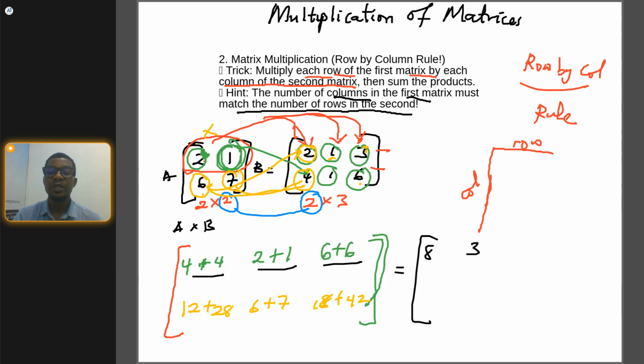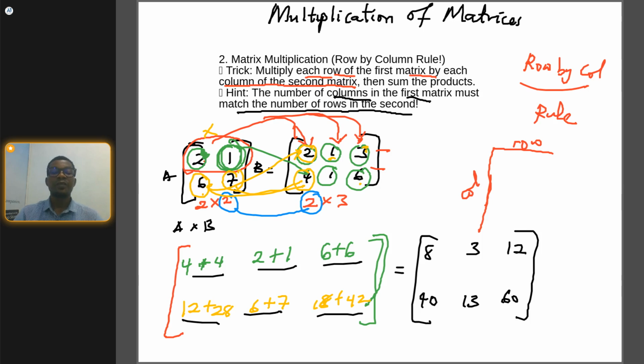And 6 plus 6 will give us 12. 12 plus 28 will give us 40. 6 plus 7 is 13. 18 plus 42 is 60.